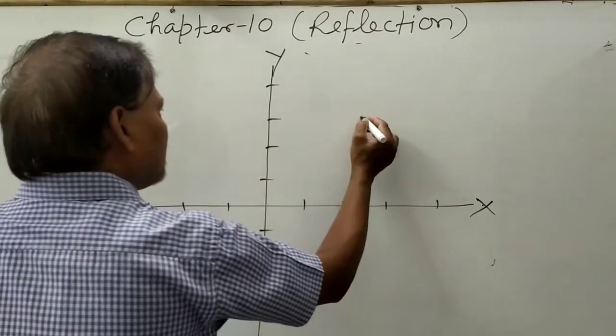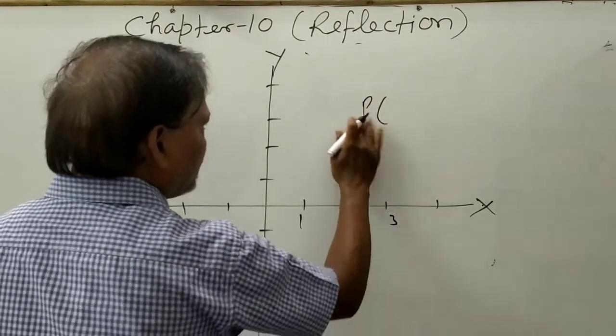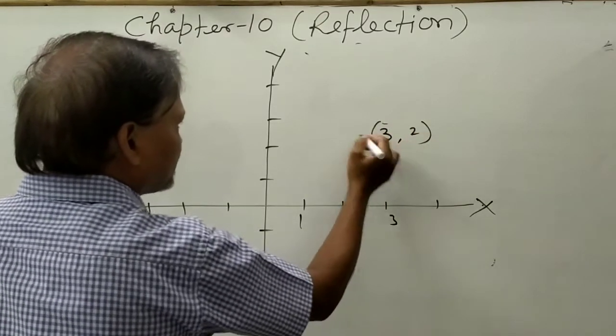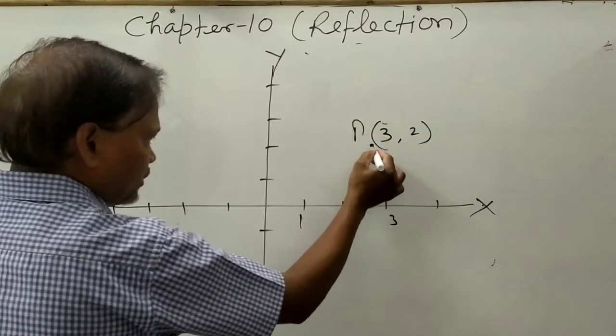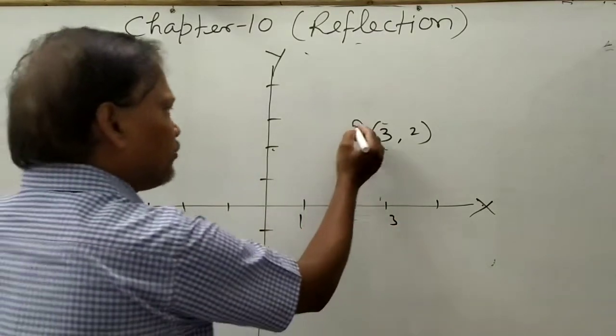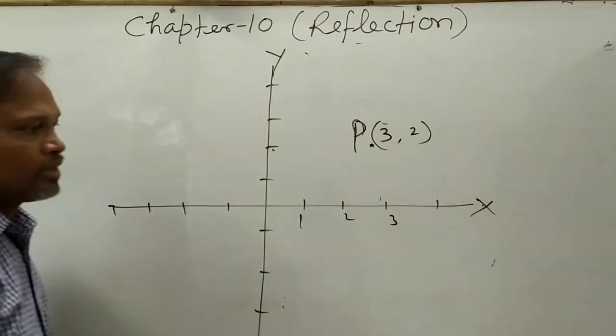Suppose you have the point, this is 1, 2, 3 and 3, 2 is the point. Okay, 3, 2 ये point, and you have to reflect this point on the x-axis.